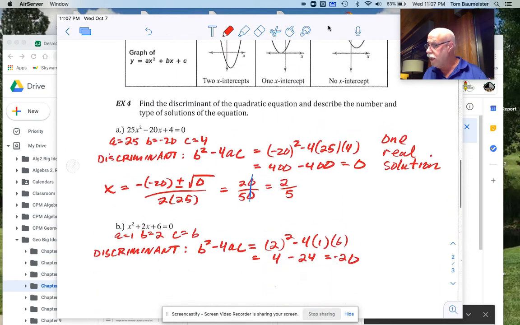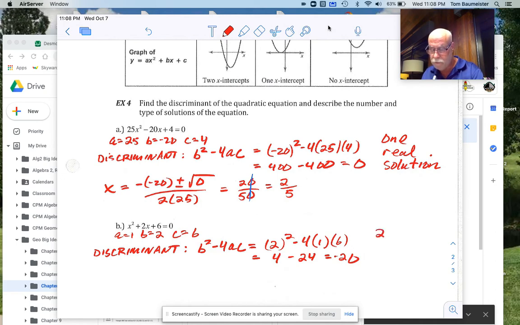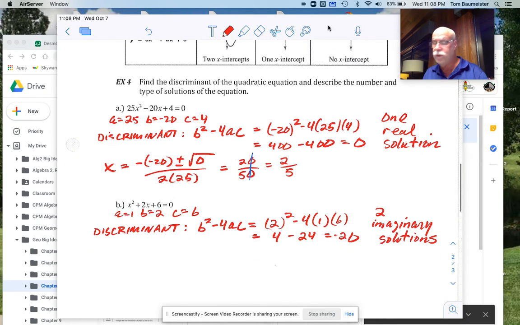So we know we're going to get 2 imaginary solutions. All right, so when we know we're going to get 2 imaginary solutions, we know there's got to be an i. So again, look how easy it is once I've done the discriminant.